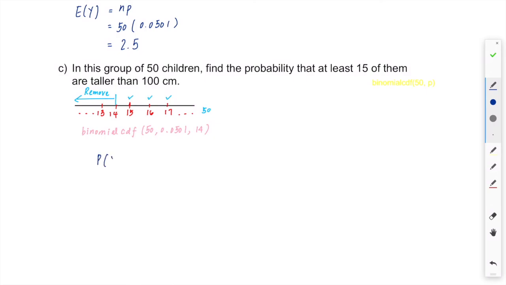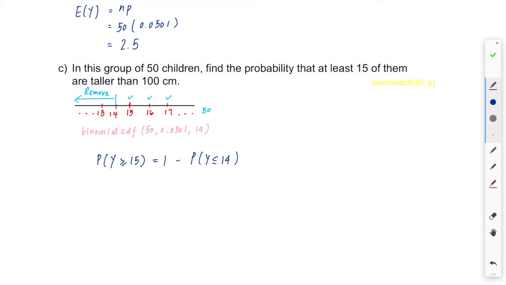P of y that is greater than or equal to 15 is equal to 1 minus p of y less than or equal to 14, or to be exact, I like using this notation myself because it reminds me of the fact that I have to include case number 14. So let me take my calculator, go to binom CDF, is B on my menu, 50 trials, 0.0501, x value is 14, paste.